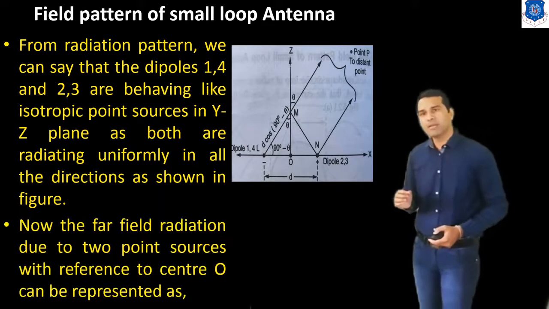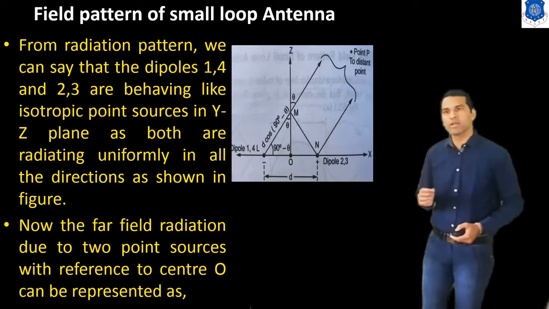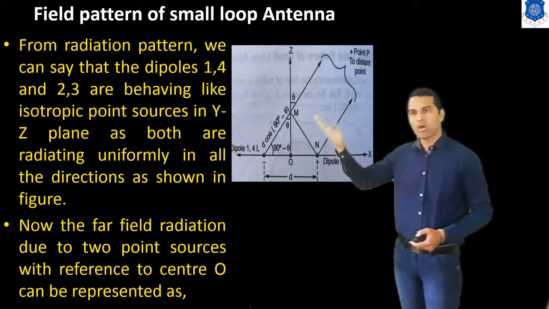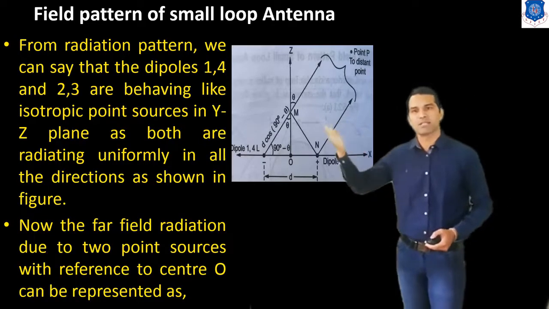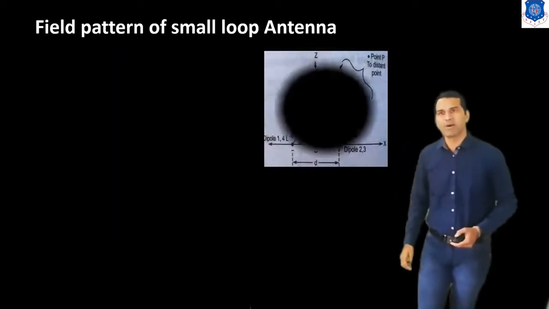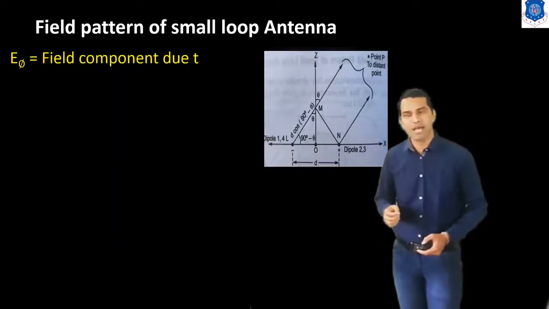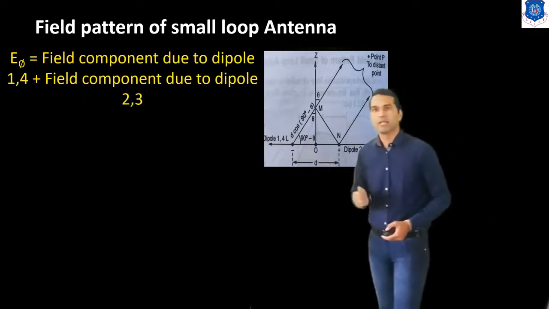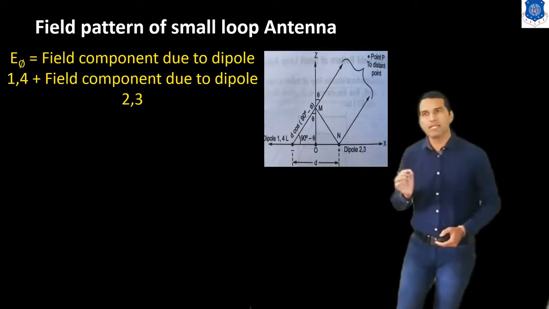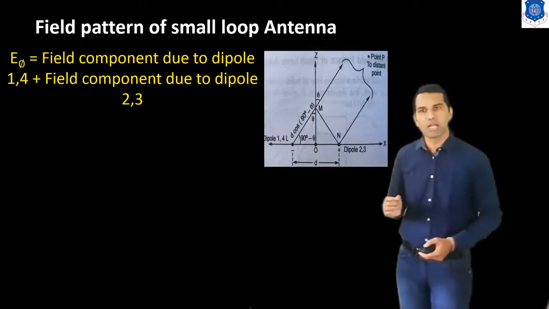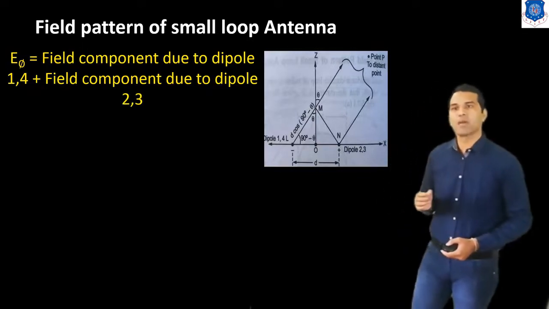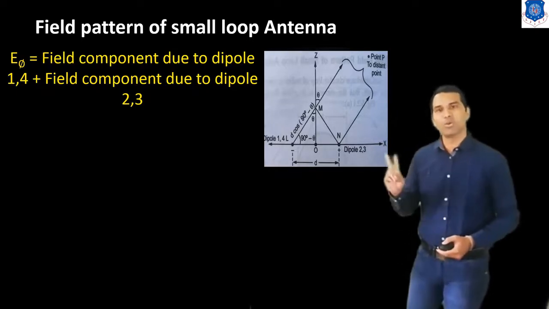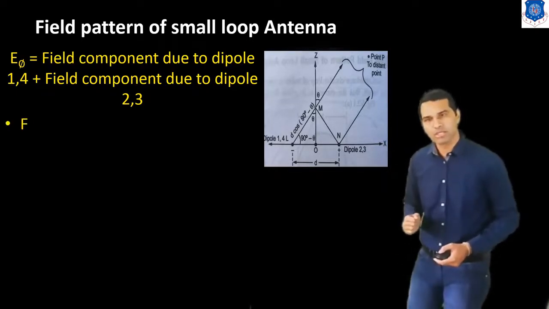Now, the far field radiation due to the 2 point sources with reference to the center O can be represented as follows. The far field E phi due to these 2 point sources is the total far field, equal to the E field component due to dipole 1, 4 plus the field component due to dipole 2, 3.